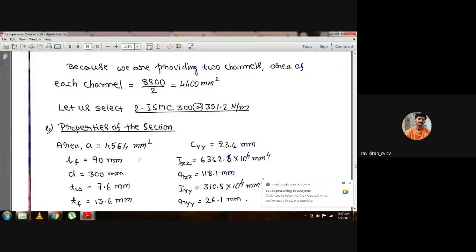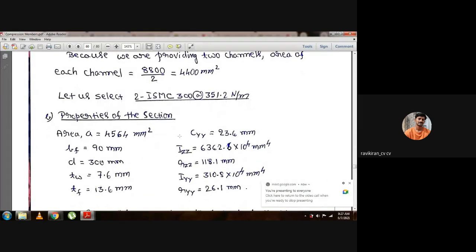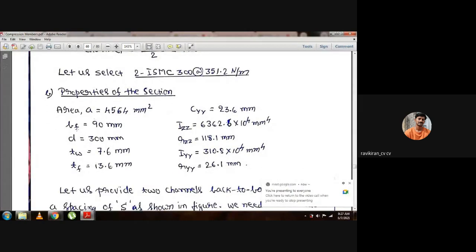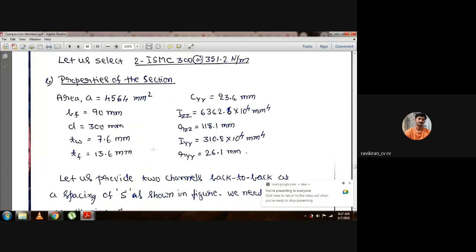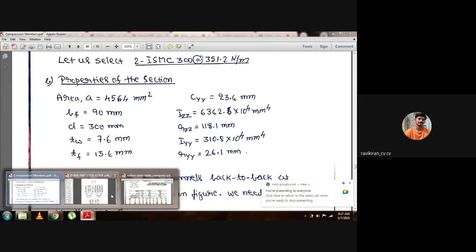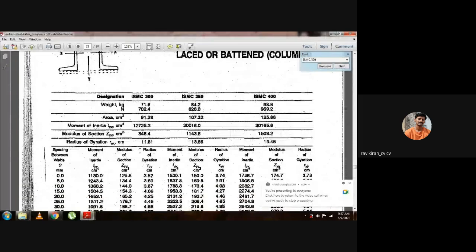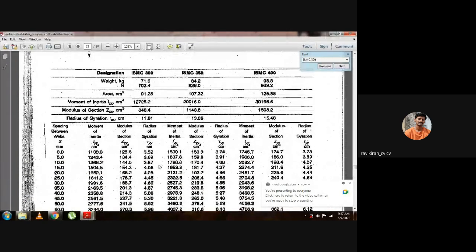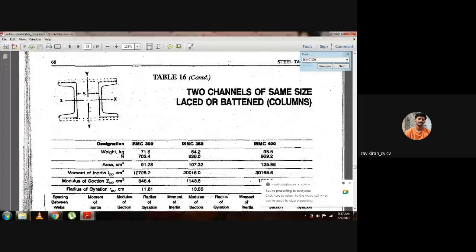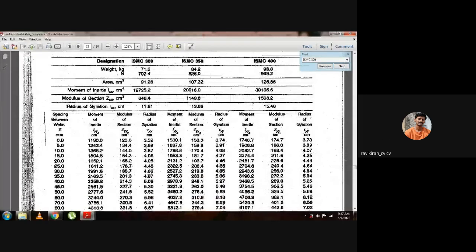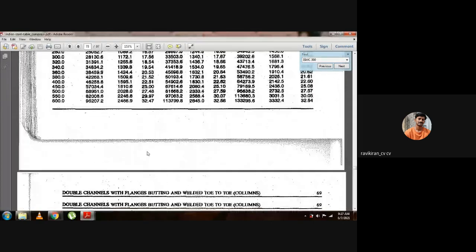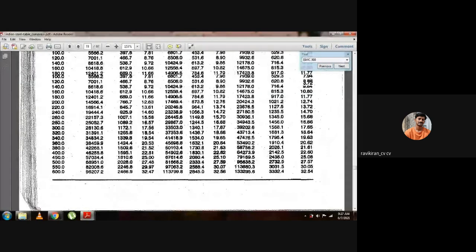Okay, these are the sectional properties for ISMC 300. It is breadth of the flange, depth. You know how to take the sectional properties from the steel table. And what is this CYY value, 23.6? If you open steel table, you will understand CYY value. That will be available in the channel section, individual member.